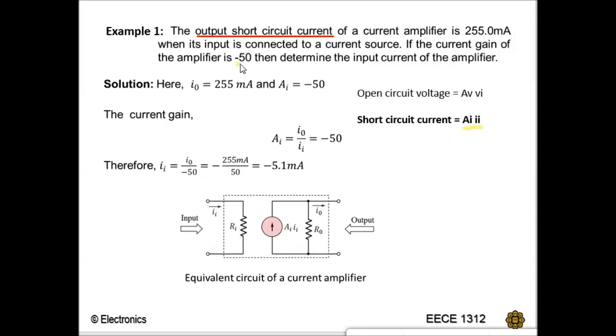Don't worry about the minus too. Because gain can be minus and gain can also be positive. So you are given AiIin, and then you are given what is Ai. So what you need to do is just divide and you will get the input current. The question asks you what is the input current of the amplifier. So this is just to introduce you to the terms for your current amplifier. Okay.